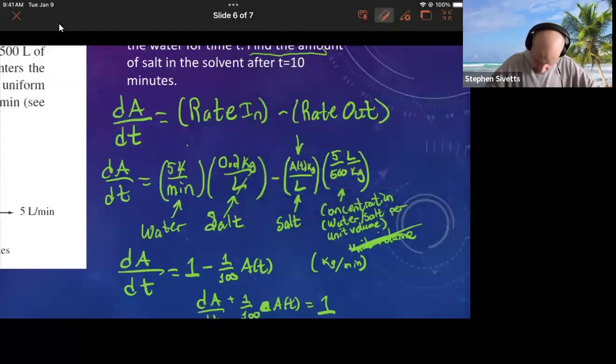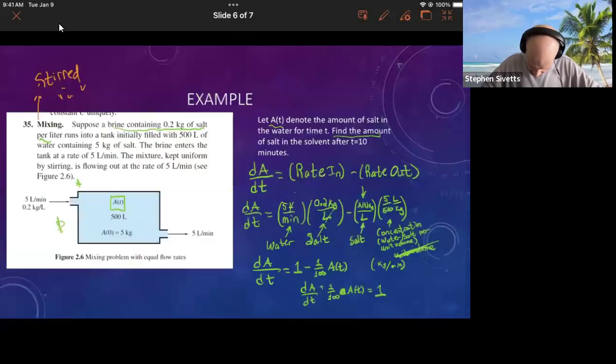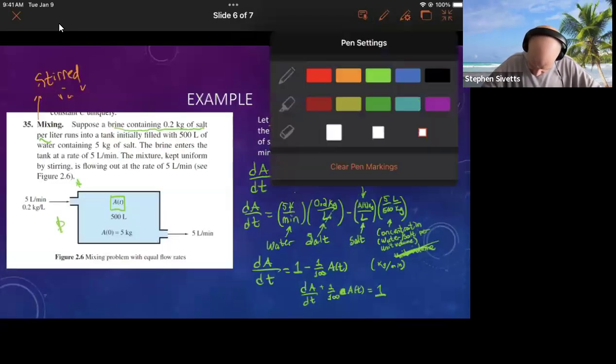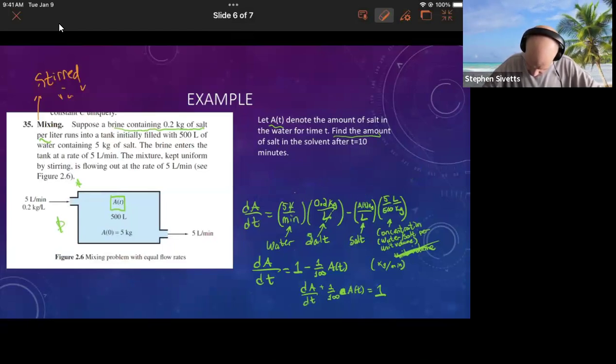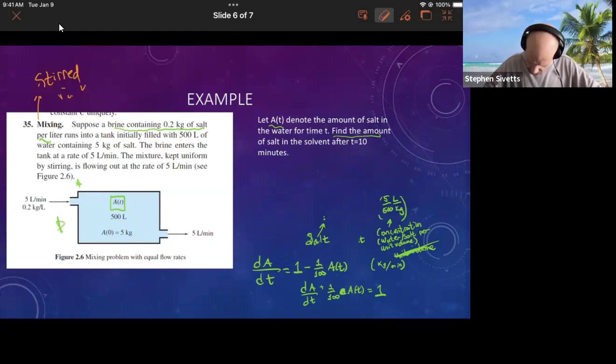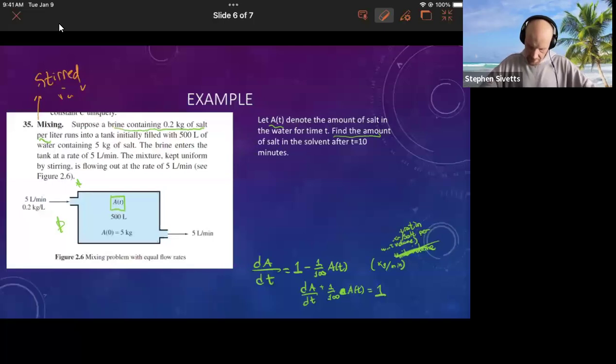So okay, that is our differential equation. Okay, so let me zoom out here, and I need to get some more space. All right. And from here, we would know how to solve linear differential equations, right?